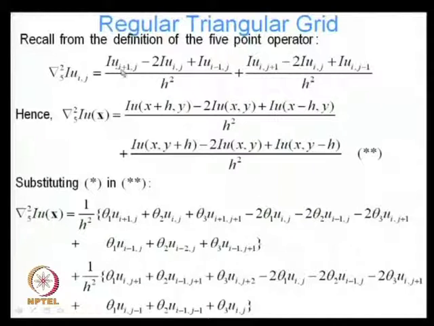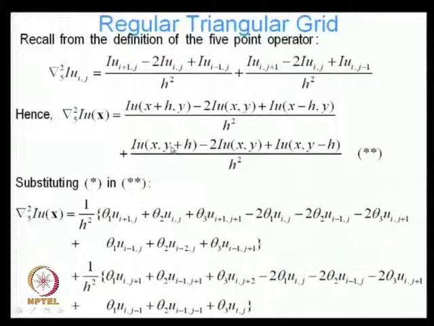So, hence I can say that del 2 5 I u at x is equal to I u I plus 1 j, I can write as I u x plus h y, right. X index changes by 1, y index remains the same, minus 2 I u x y plus I u x minus h y there, and here I have I u I j plus 1.